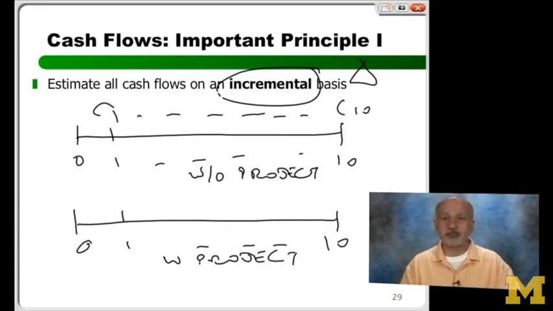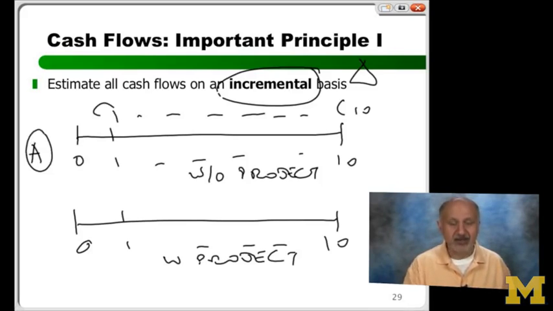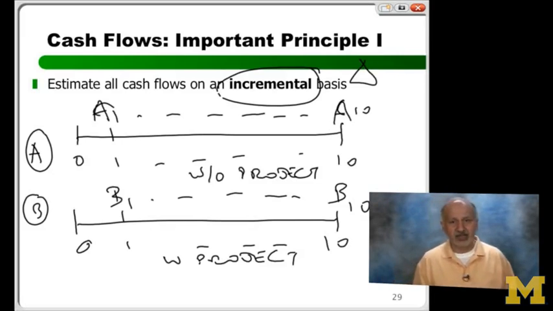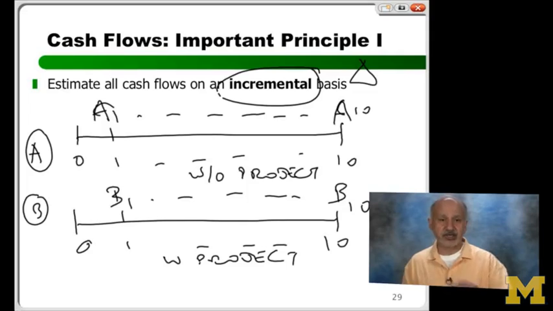The company is making existing products, selling, and it has some C1 through C10. Let's call this line A, without project. You're going to exist without the project, right? Now do it with the project, and you'll have a line B with numbers here. Let's call them, for simplicity's sake, B1 through B10. You can also call these cash flows A1 through A10, if that makes you happier. But remember, A's and B's just signify the cash flows without the project and with the project.